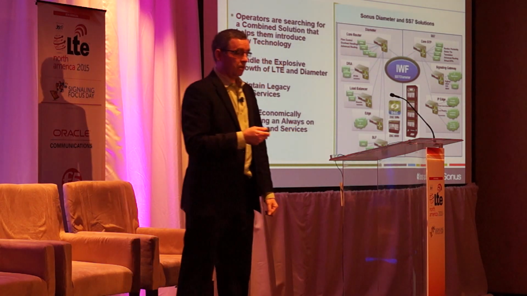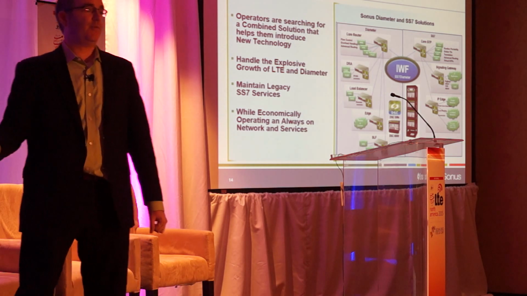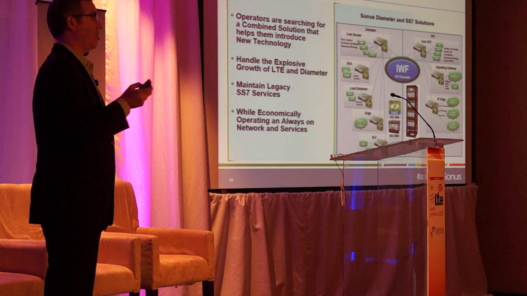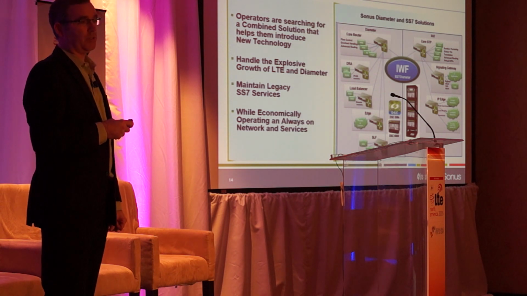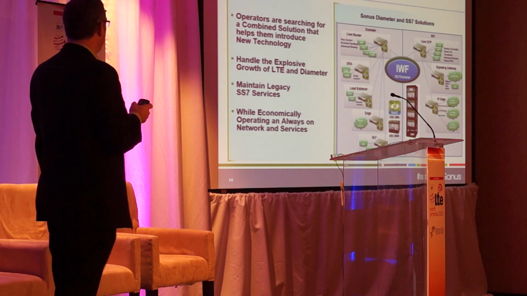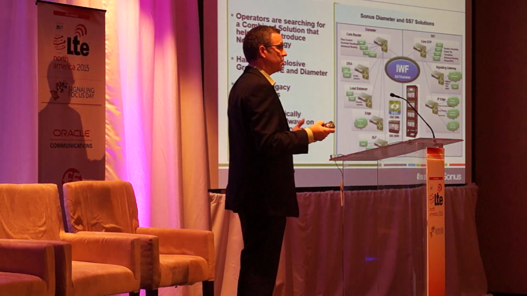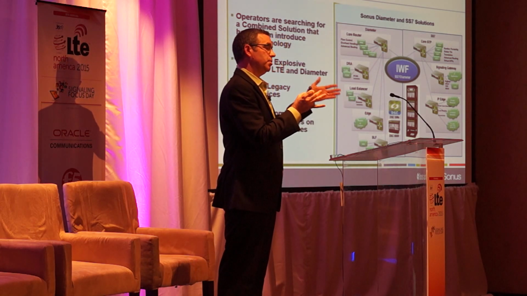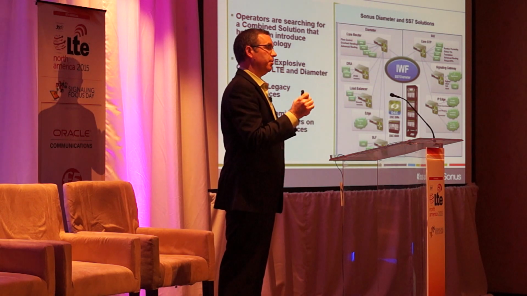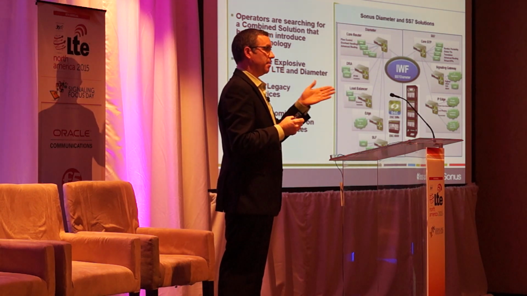So, we spent a whole lot of time on SS7 and STPs, but let's not forget about diameter, right? Diameter is probably top of mind for the CTO within the organization, of how to make that scale and work and operationalize. So what we've heard from operators is that they really are searching for a combined solution to allow the ability to take SS7 and diameter and put it on the same piece of software, same piece of hardware, or same management interfaces to allow this type of transition.